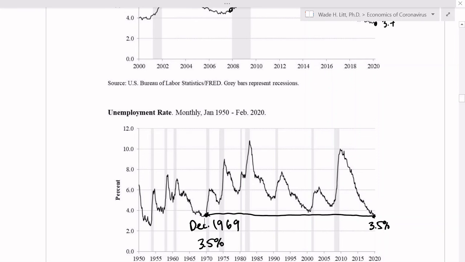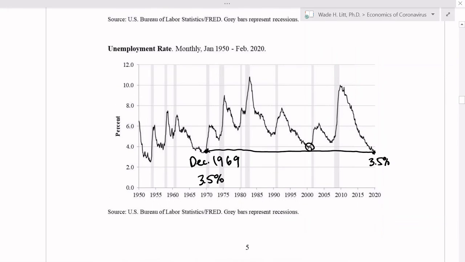But still 3.7 is a very, very low unemployment rate historically. You can see it hasn't even dipped below 4 except for once there at the end of the 90s. So we have had historically low unemployment rates here, especially over the last year. Okay, so the unemployment rate looks really good.